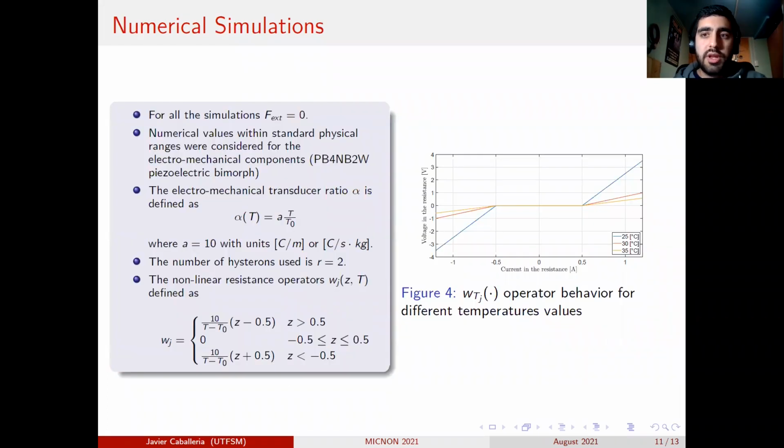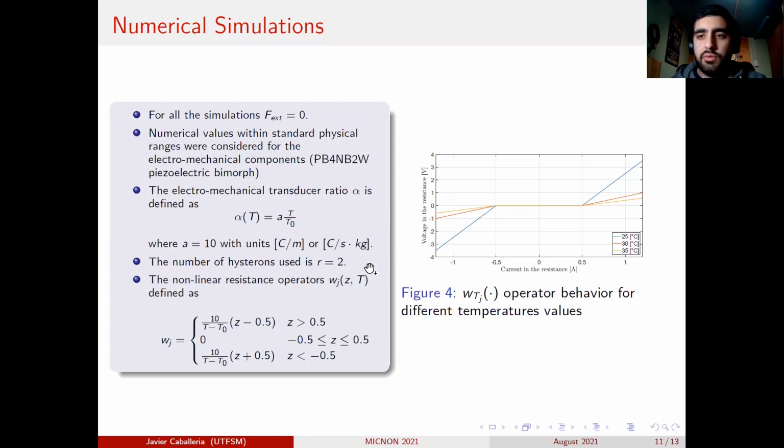We performed some numerical simulations of the proposed model, and for this we consider that the external force is equal to 0. We use some standard physical values for the parameters of the electromechanical components. Here you can see how we define the electromechanical transducer ratio.